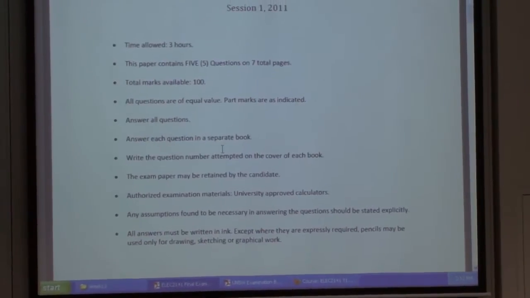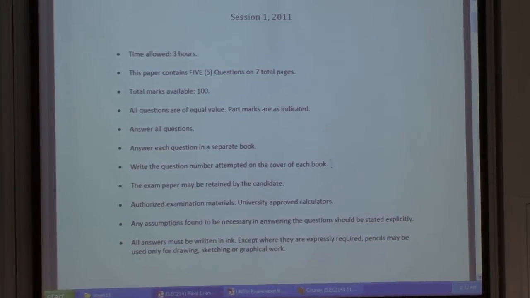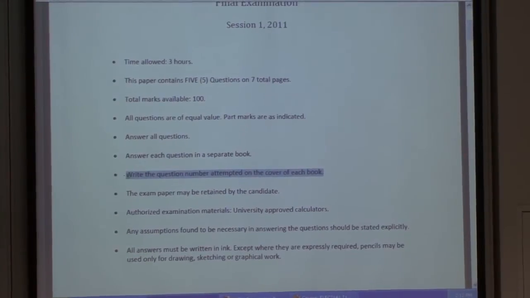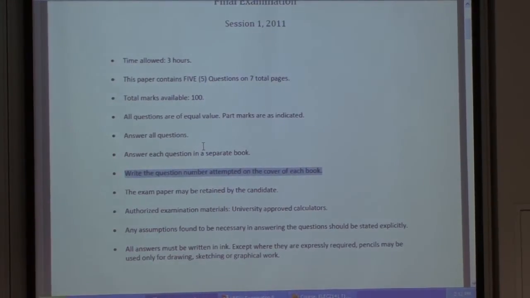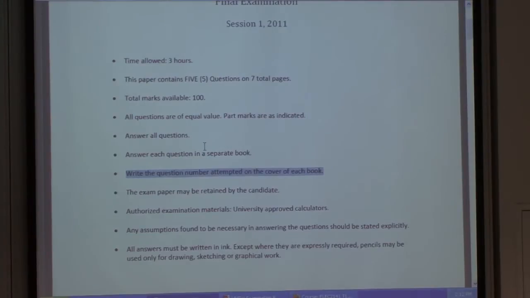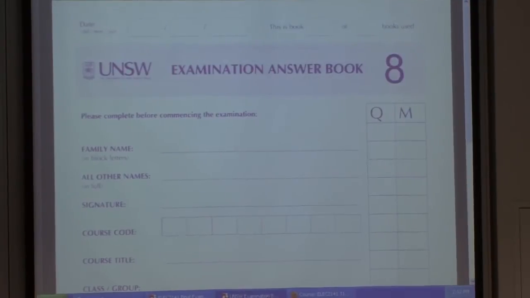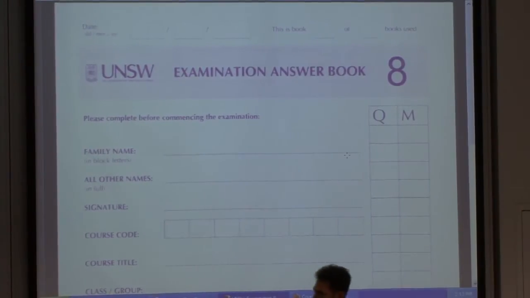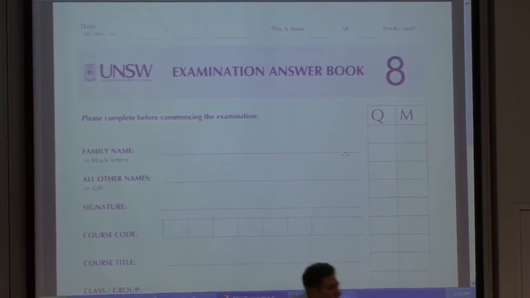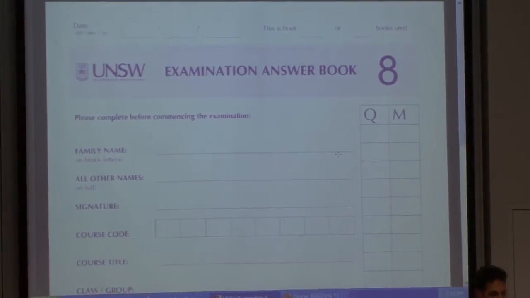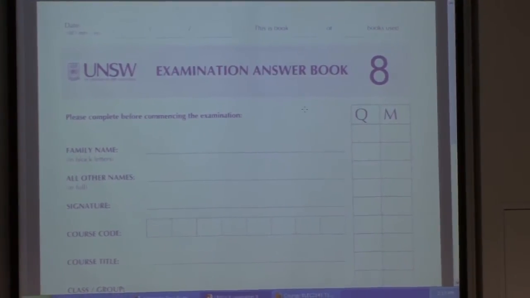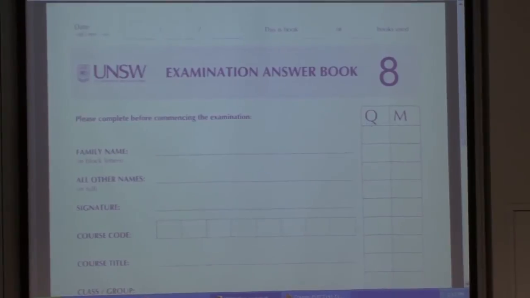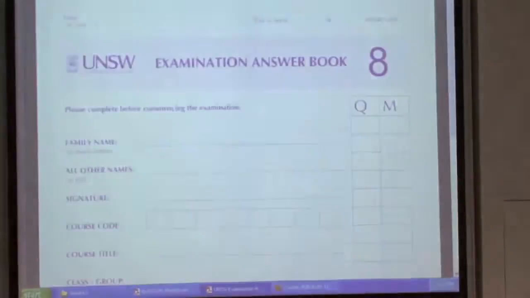One of the things I want to emphasize is this one: write the question number attempted on the cover of each book. You're going to get those exam booklets. What I'm asking you, and I'm not just asking, I'm telling you, is to write the number of every question you attempt right here, not here, here.